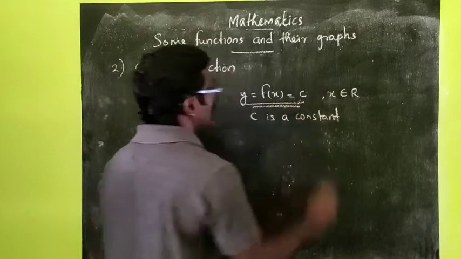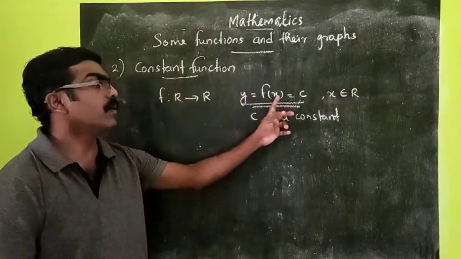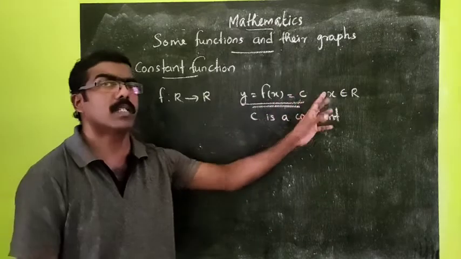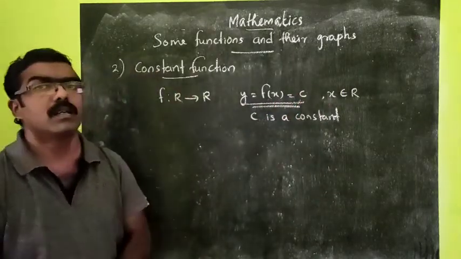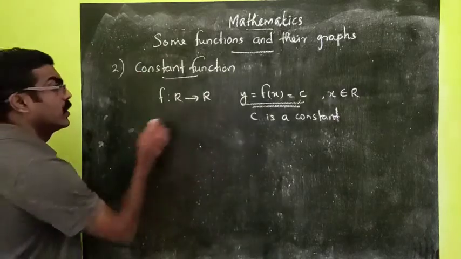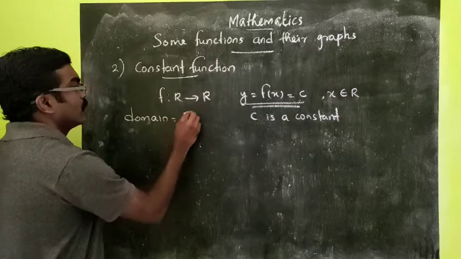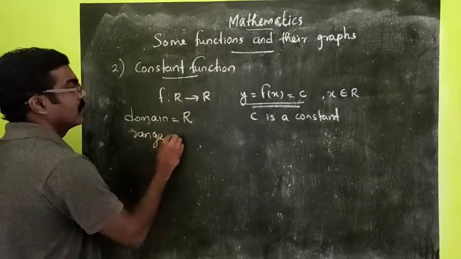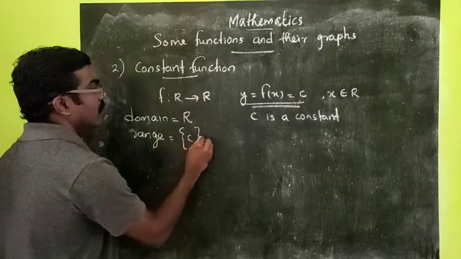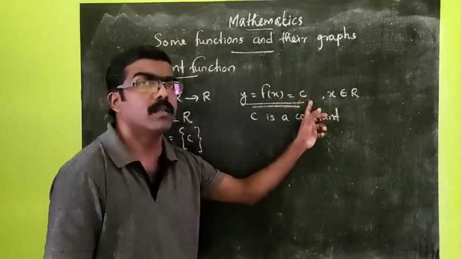So the function given by y is equal to f of x equal to c is called what? Constant function. Here the domain is the set of all real numbers, but the range is set c only. Set c means c is the number given in the function.